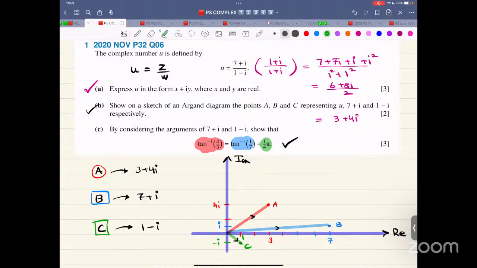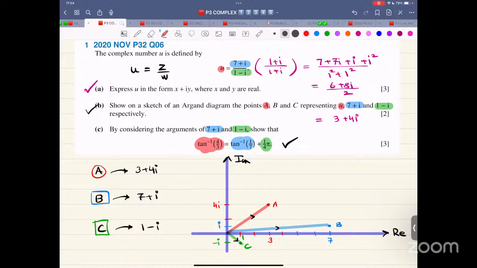So now, let me just highlight it. 7 plus i is this thing, the numerator. And 1 minus i is this thing. Don't worry about this. So u is the division of these two.